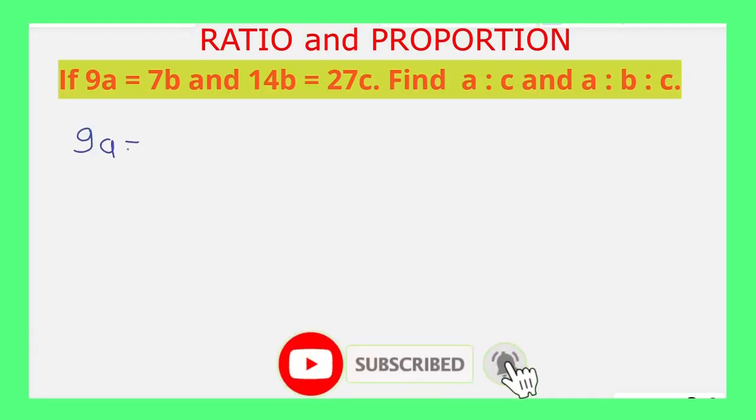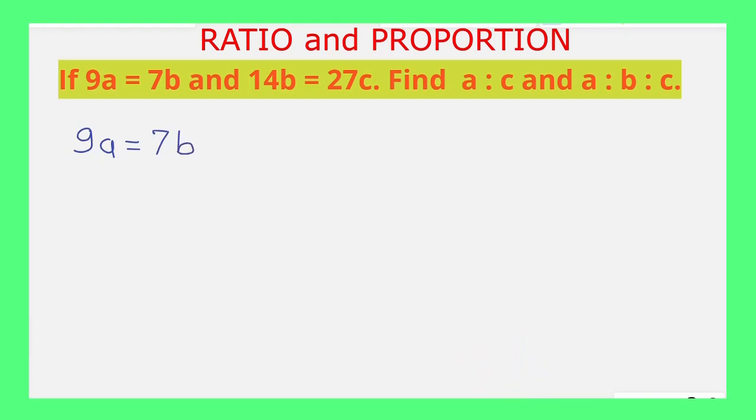It's given to us is that 9a equal to 7b. From here we can get a upon b equal to 7 upon 9. We divide both sides by b and we divide both sides by 9. Then we get a upon b equal to 7 upon 9.